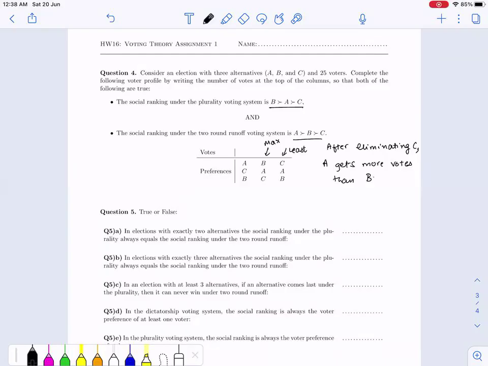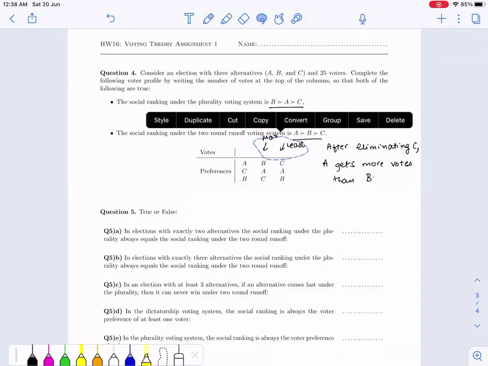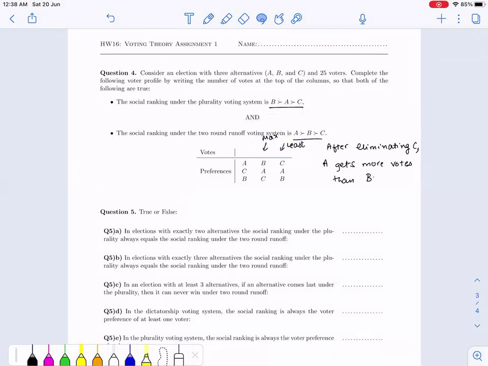Okay, so let me put it like this. B needs to get the max number of votes.